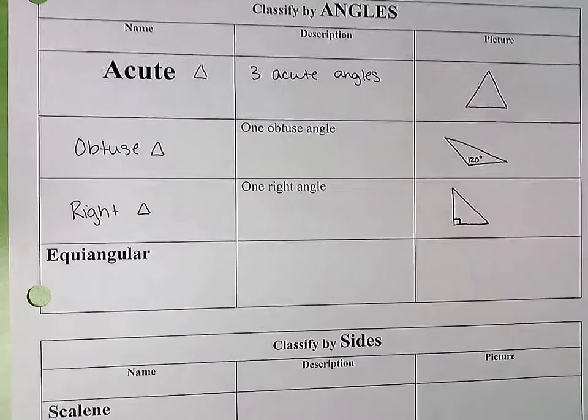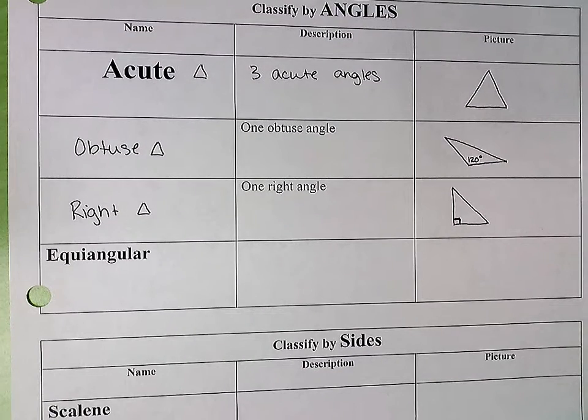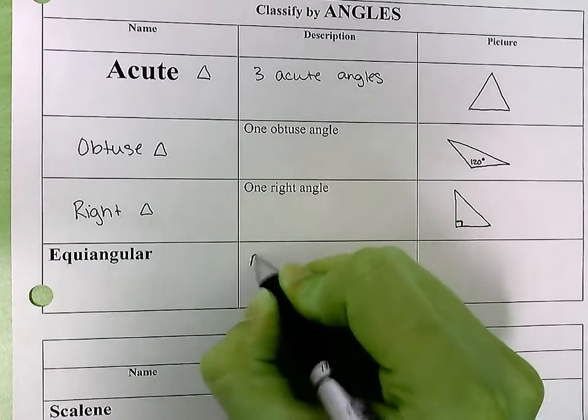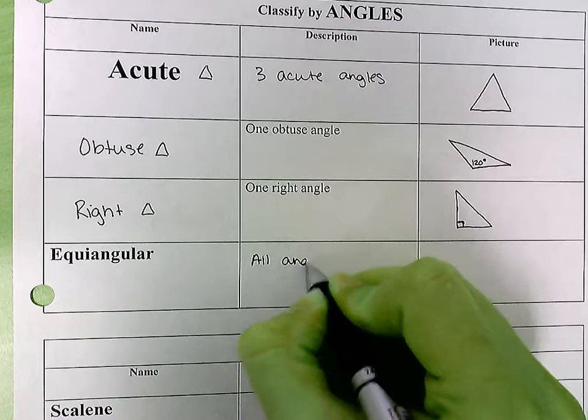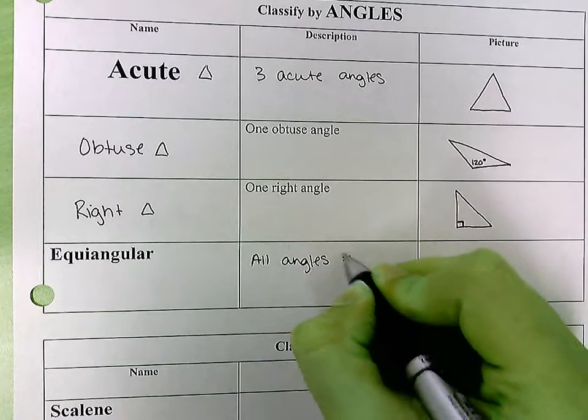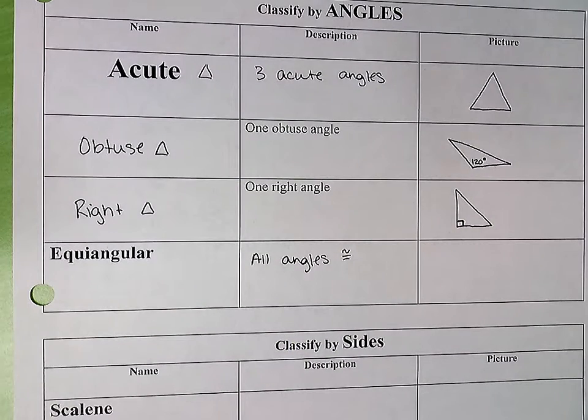Our next type of triangle is equiangular. That means all your angles are congruent to each other or equal to each other. That's our congruency symbol. All 3 of your angles within that triangle will be congruent or equal.